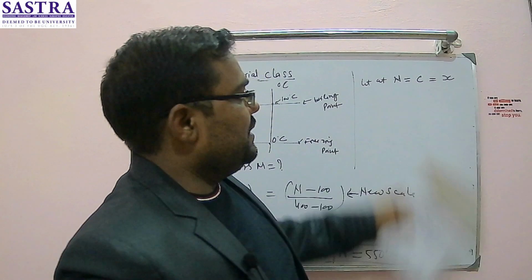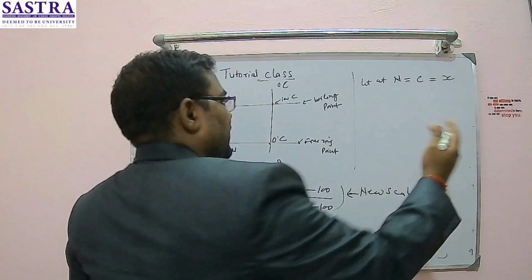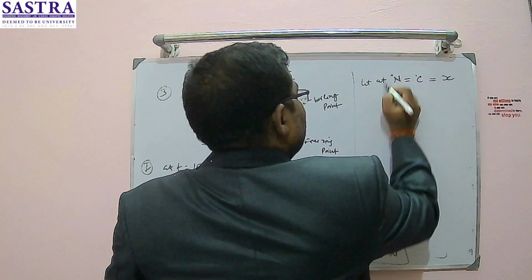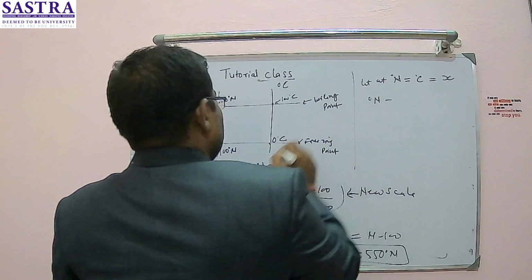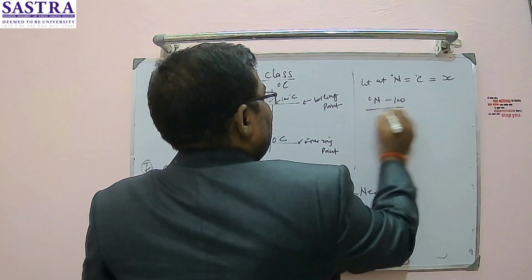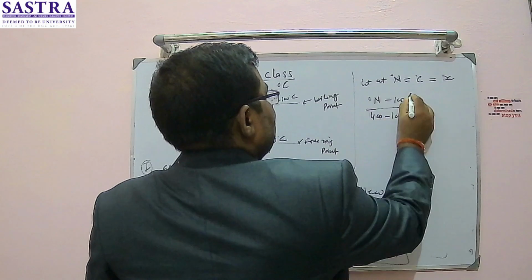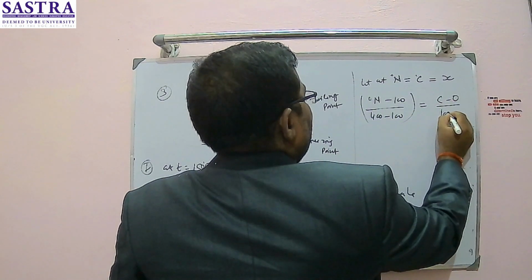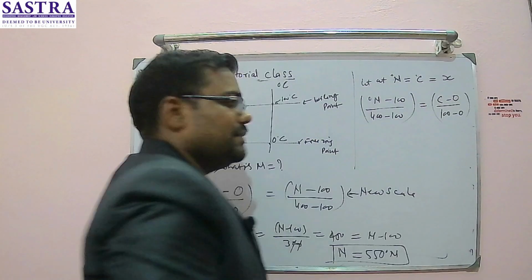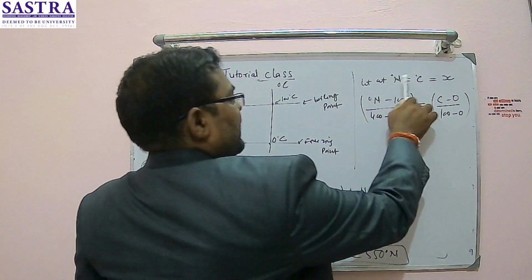So degree C, degree N. So I know N, so degree N minus again freezing point 100 divided by boiling minus freezing, this is for the N scale, is equal to C minus 0 divided by 100 minus 0. This is for Celsius. I know N and C both are X.